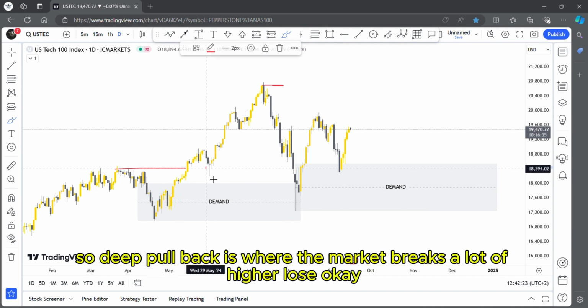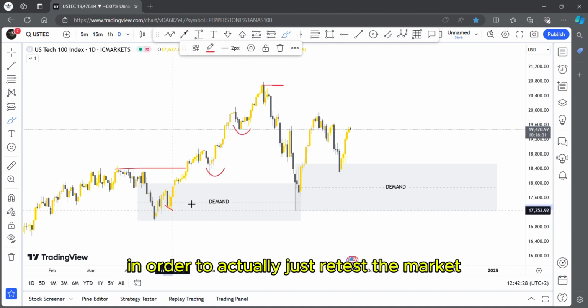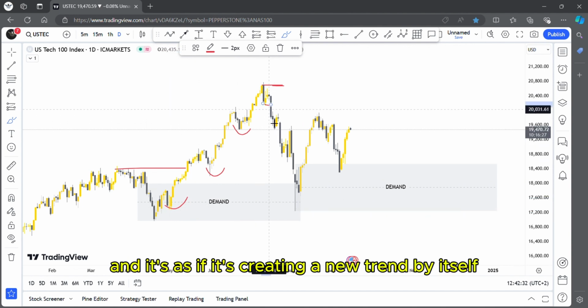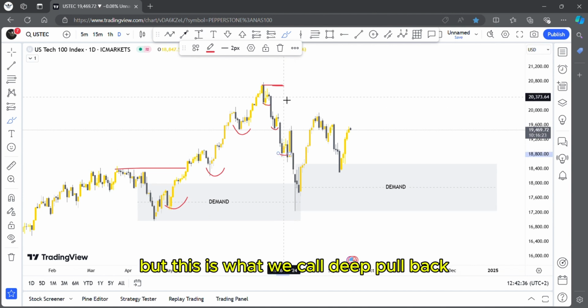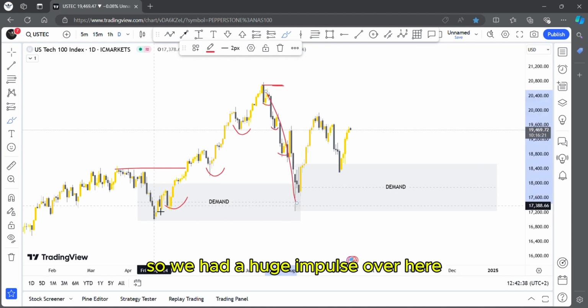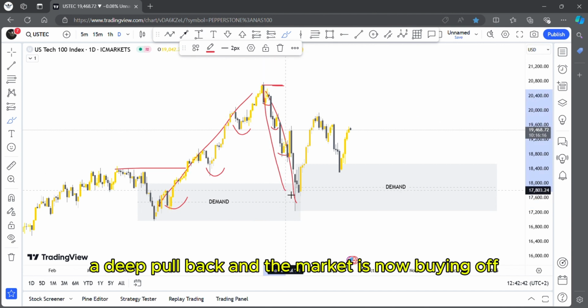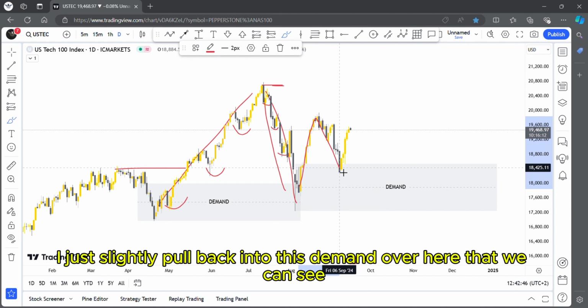So a deep pullback is when the market breaks a lot of higher lows in order to actually just retest the market. And it's as if it's creating a new trend by itself, but this is what we call a deep pullback. So we had a huge impulse over here, a deep pullback, and the market is now buying off. It just slightly pulled back into this demand over here that we can see.